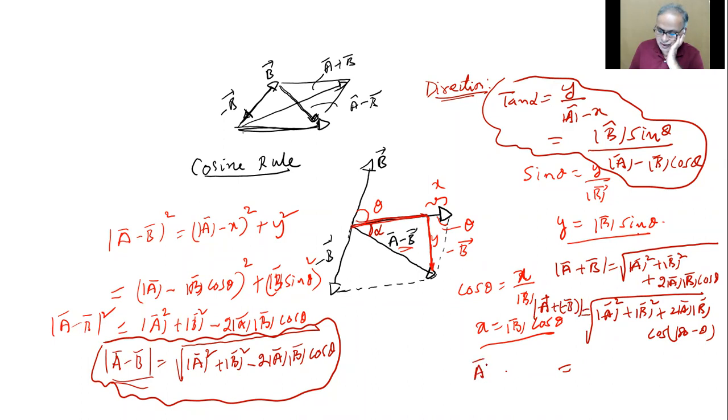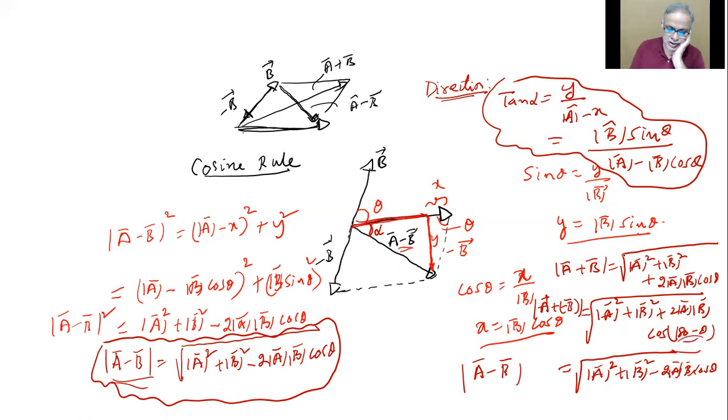So A minus B mod equals A square plus B square minus 2 mod A mod B cos theta. Just by substituting 180 minus theta in the place of theta, you get it.